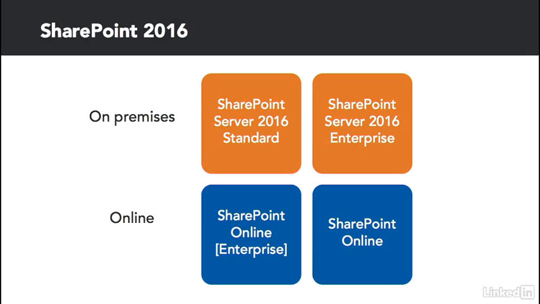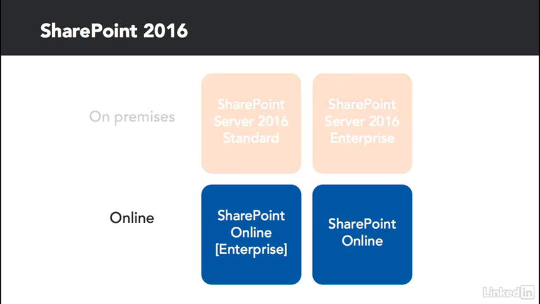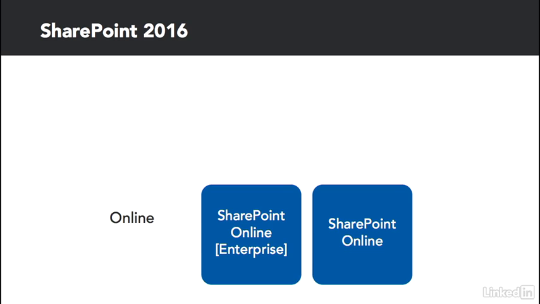If your primary focus is SharePoint Server 2016 on-premises only, you'll find an on-prem course for SharePoint Server 2016 in the online training library. But in this course, we will be focusing on the features of SharePoint Online, including the features that are used in hybrid environments.